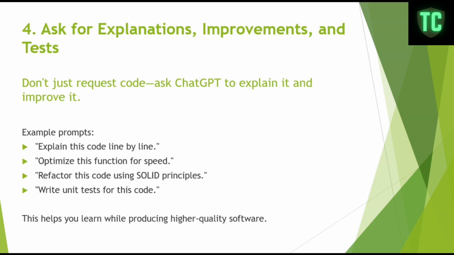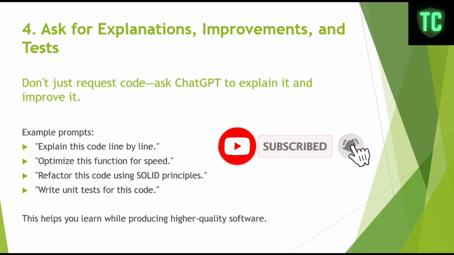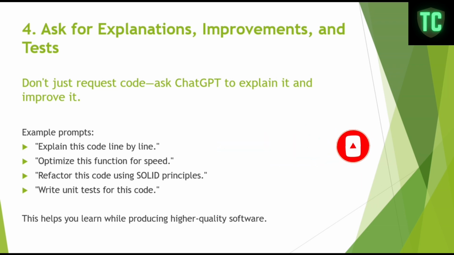After that, the fourth point is ask for explanations, improvements and tests. Don't just request code. Ask ChatGPT to explain it and improve it. If you want to understand what it implements and how it works, you have to tell ChatGPT to explain it in brief or in detail, which helps you to understand the code effectively.